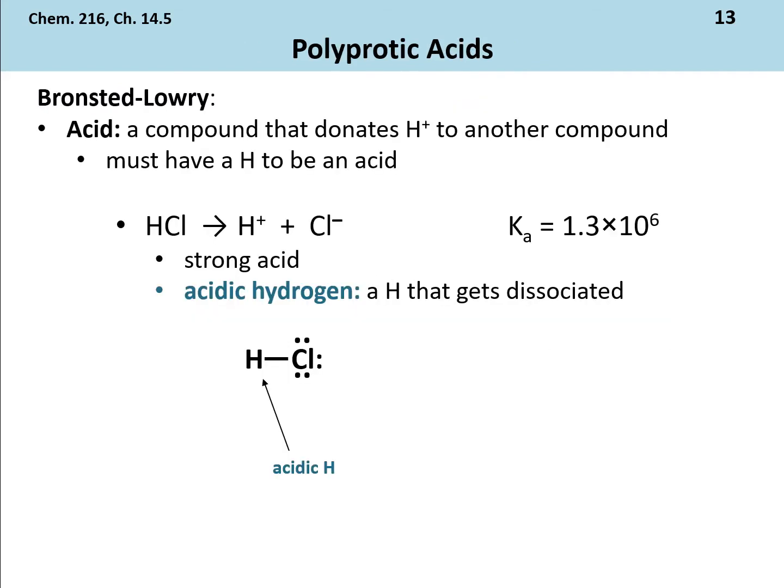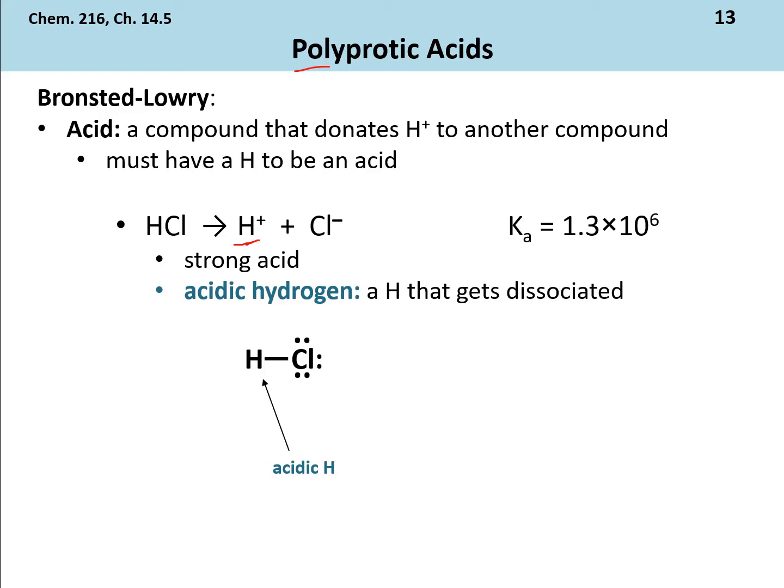Okay, so we just got done talking about finding pH of acids and bases. So far, everything we've been talking about has only produced one hydrogen. So let's talk about some special acids and bases called polyprotics.